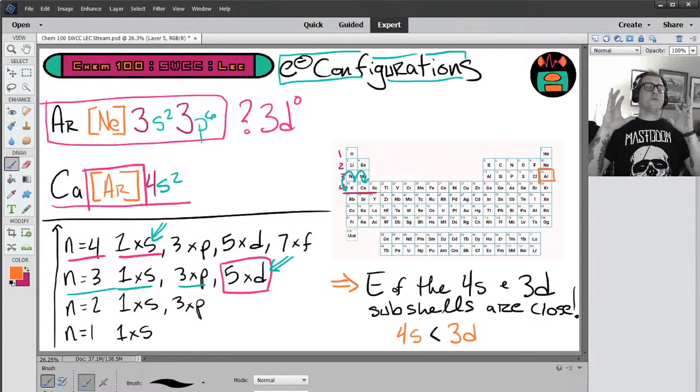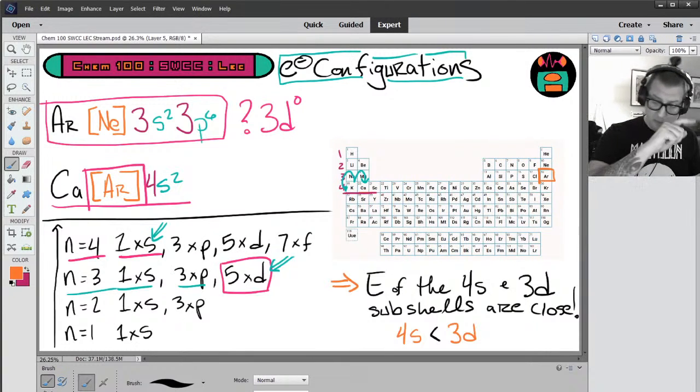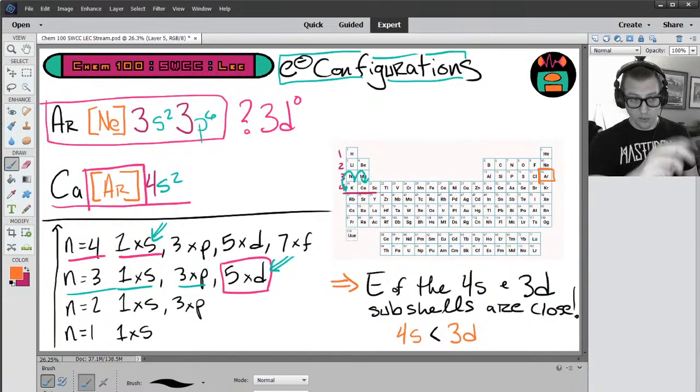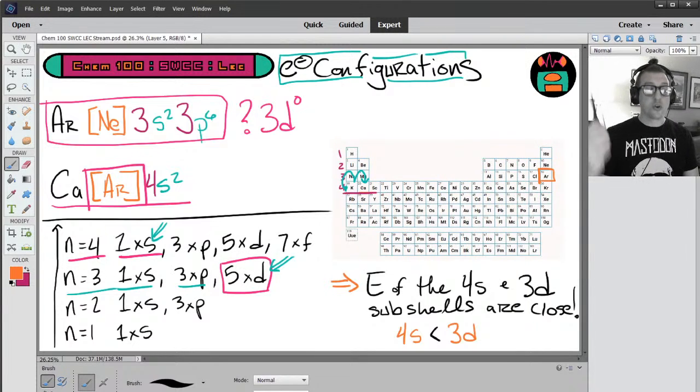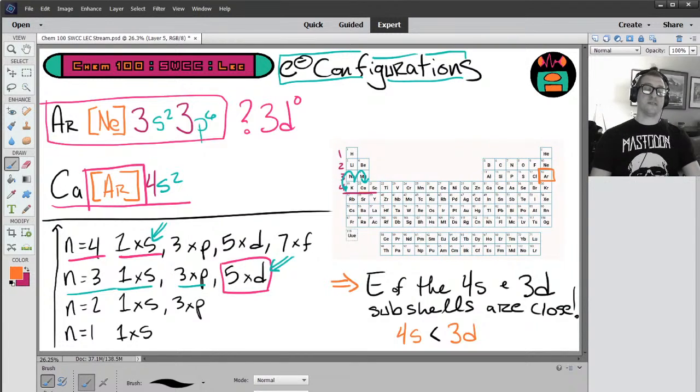Now you may be going, oh no, this is terrible, because now here's this weird detail that I've got to remember. Let me point something out to you. You actually solved this problem correctly last lecture, right? We wrote the electron configuration for calcium correctly without knowing this rule. The beauty of using the noble gas abbreviation and the periodic table is it takes care of this for you. You automatically filled the 4s subshell before you started putting electrons in the 3d subshell.